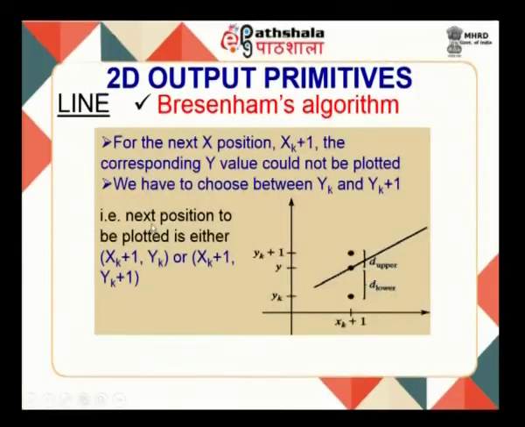As you see here, the next position to be plotted is x k plus 1 comma y k. The y coordinate is either y k or y k plus 1. How do we decide whether it is y k or y k plus 1? The x coordinate is the same. The y coordinate is chosen based on the decision parameter.